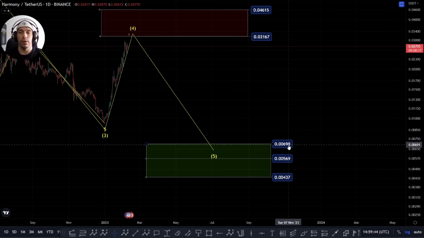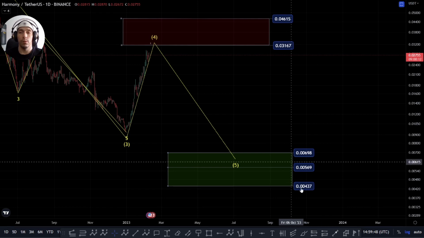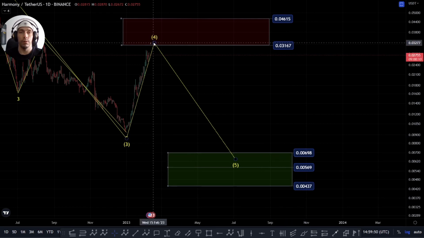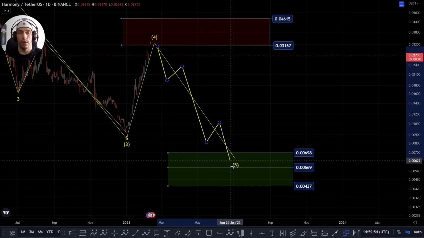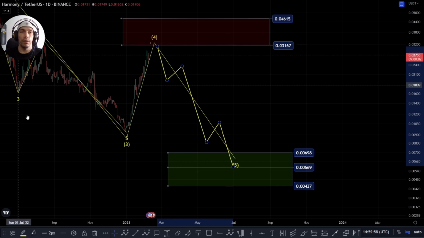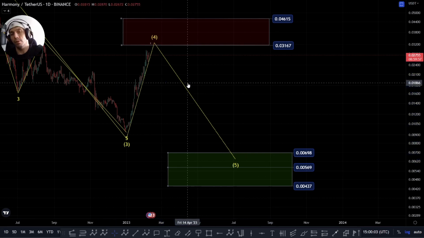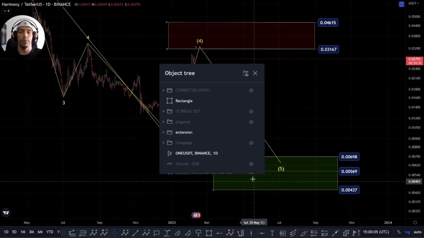So this target area is indicated here, 6982437. So this is a zone where we could actually be looking to break down if we do see one more 5-wave structure to the downside. So this would be something we're looking out for. So if we develop a 5-wave move here, it would be indicating to me that this option is playing out. However, if we have one of the other options play out, the structure down will be different.